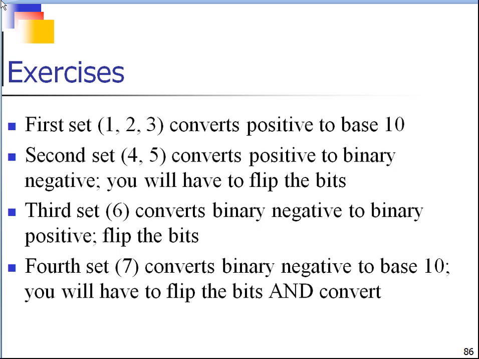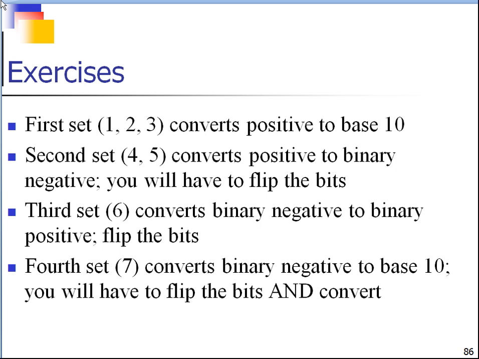Okay, I've got a whole bunch of exercises for you to do so you get practice with this. We'll demo them in the next module. But there are 7 different exercises. The first set, 1, 2, and 3, they take a positive binary number and convert it to base 10.